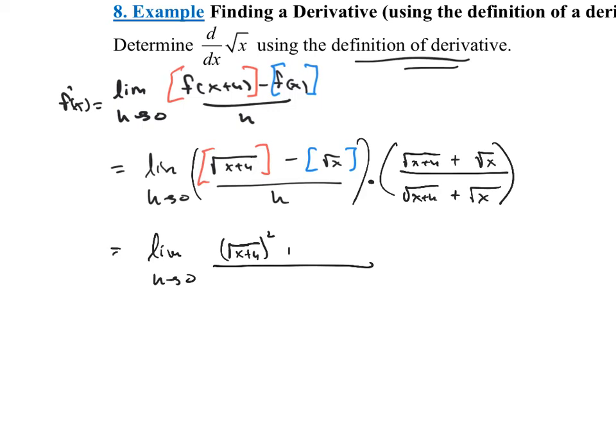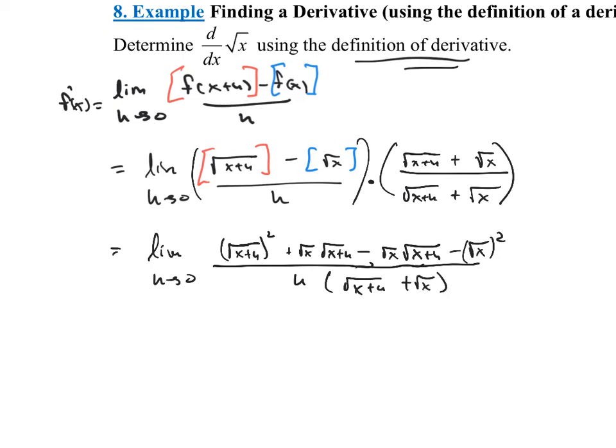Our outer terms would be plus root x times square root of x plus h. Our inners would be minus square root of x times square root of x plus h. And then our last would be minus the square root of x squared. On the bottom, again, do not distribute the bottom. We'd have h times the quantity, the square root of x plus h plus the square root of x.